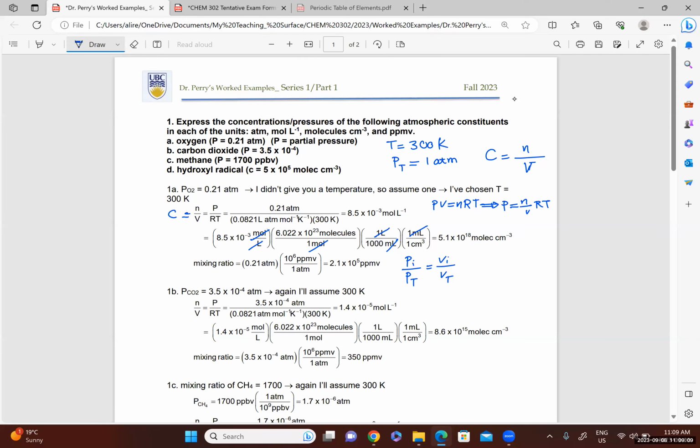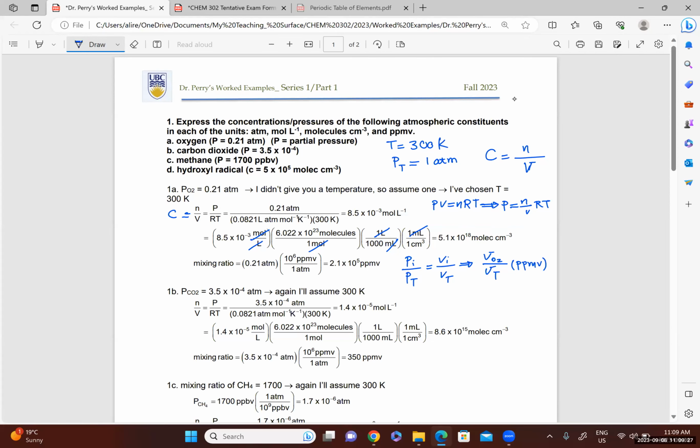How to do that? Okay, so Vi over Vt, therefore Vi, which is, in this case, I is oxygen, V oxygen over V total. We want it to be in ppmv.